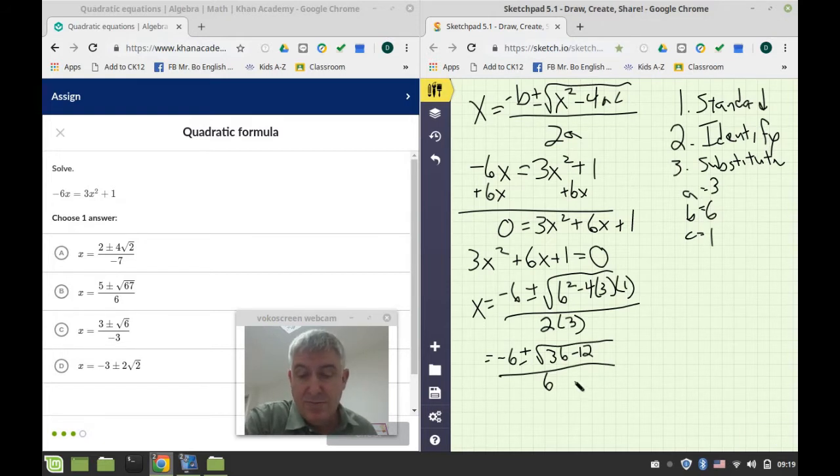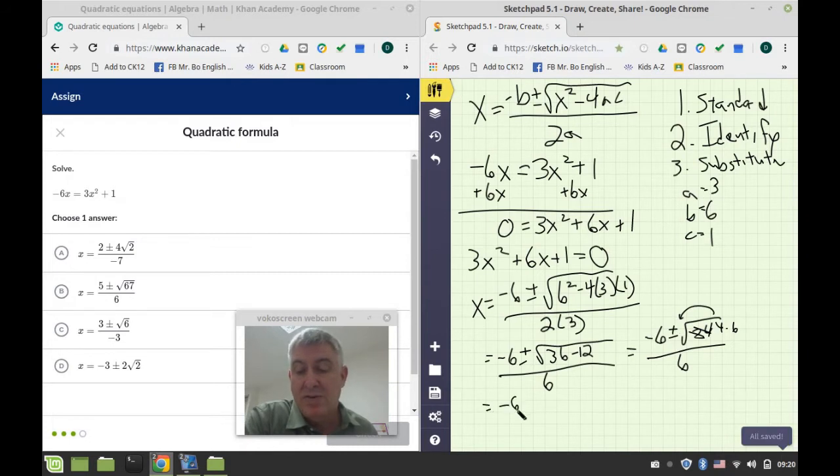And we're going to have to simplify a little bit more. Negative 6 plus or minus square root of 24 all over 6. All right, and 24 is equal to 4 times 6. So I'm going to be able to pull that 4 out here as a 2.